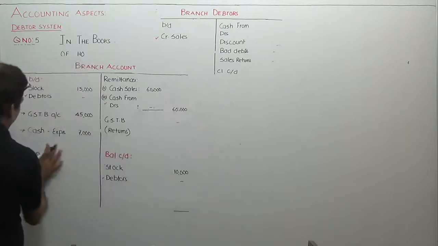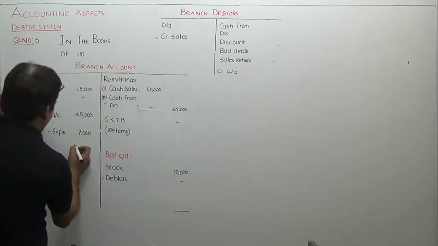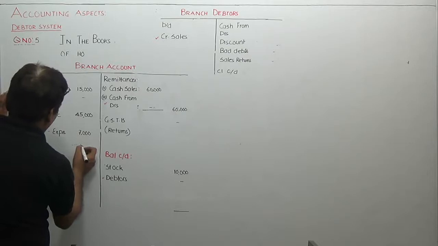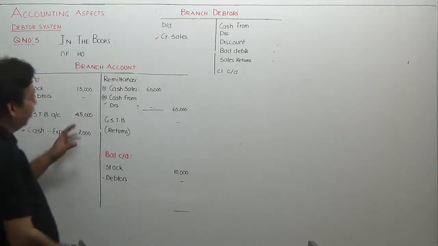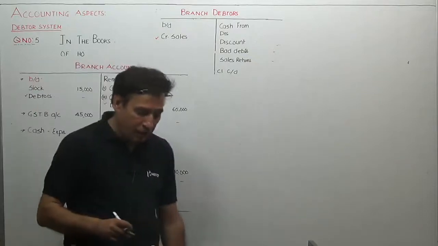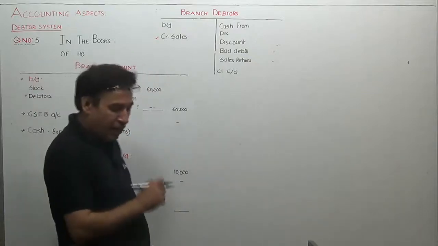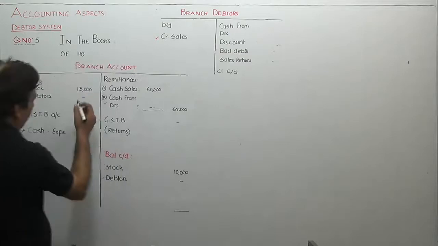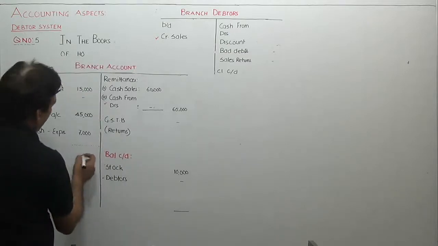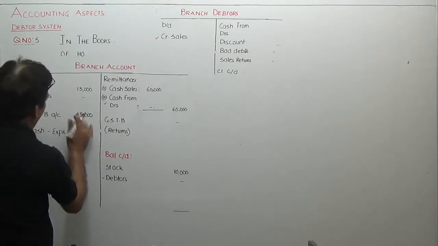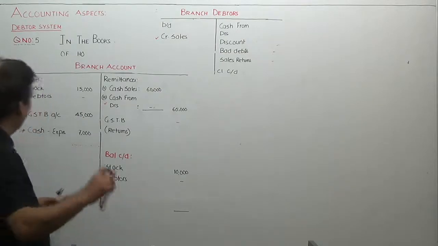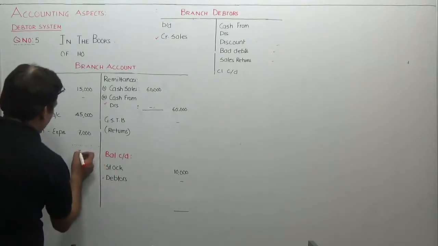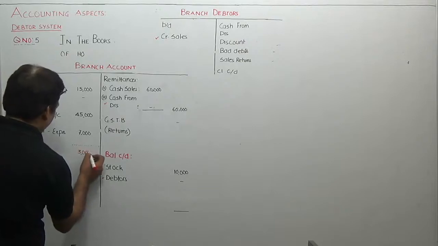From this total, I am subtracting only this much. After subtracting this part, my net profit is 60,000 minus 67,000... so my net profit at this moment is 3,000.